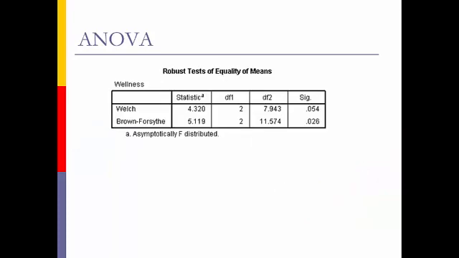Okay? Now this is the piece that we don't need to know about. If you did have a significant difference in your heterogeneous variances, instead of looking at the previous significance, you would look at this significance, these degrees of freedom, and there is your new F statistic.